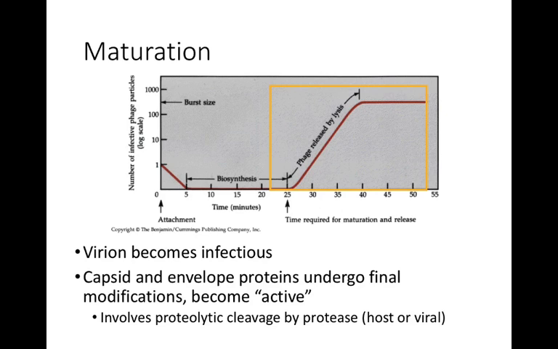Any final cleavage of polyproteins is another example of a maturation process. At this point, a virus becomes fully active, or a viral particle becomes infectious again. And this can occur in the host cell, or outside of the host cell.